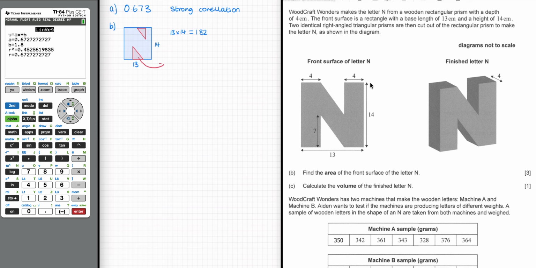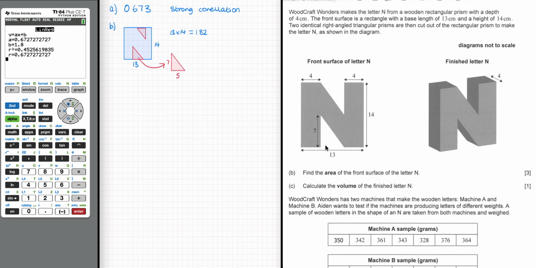So if we just look at one of these, we can see that the triangle section has a height of 7. Now if the whole distance here is 13, and this is 4 and 4, this is 8 in total. That means that the middle piece here is therefore 5.